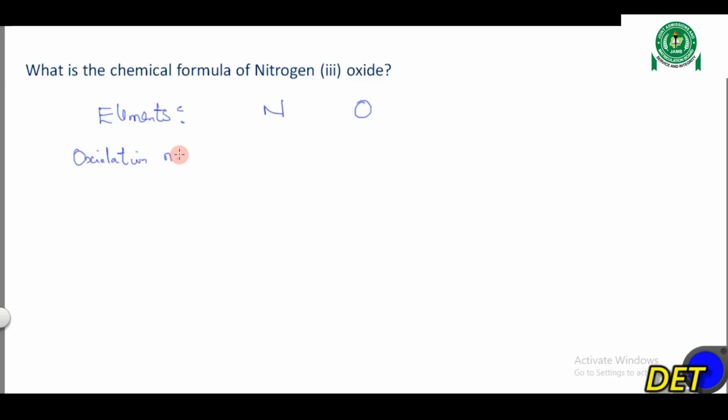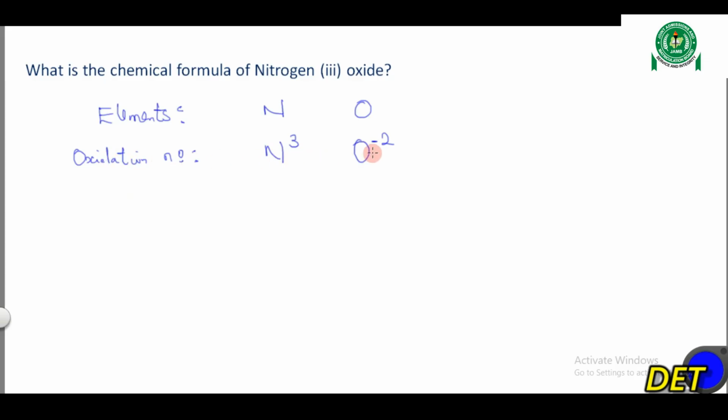Oxidation number. So what is the oxidation number of nitrogen in this compound? Just as the word indicates, nitrogen 3 oxide, nitrogen 3. So that tells you that the oxidation number of nitrogen in this compound is 3. So this is N3. And then the oxidation number of oxygen in our compound is always -2, except in peroxides.